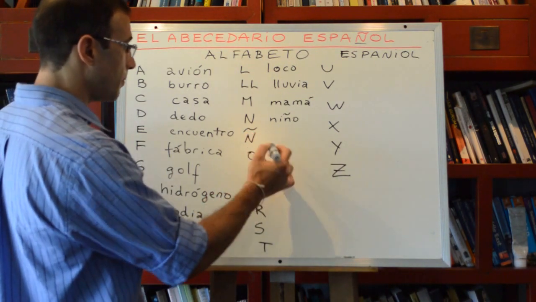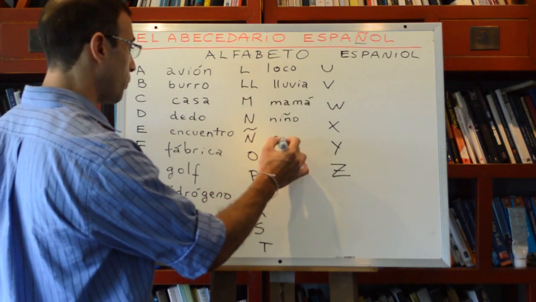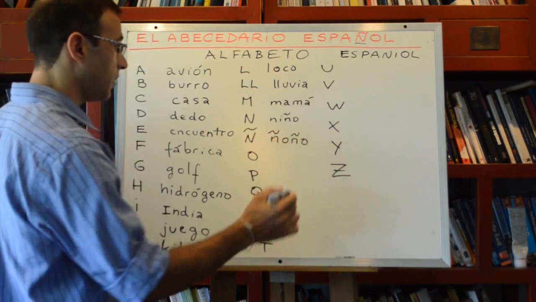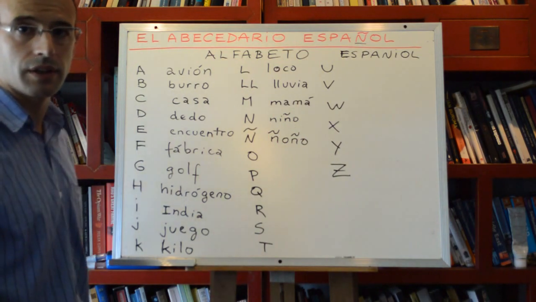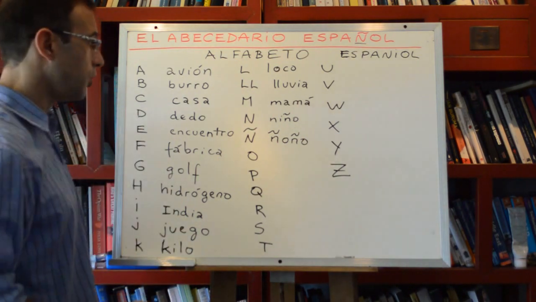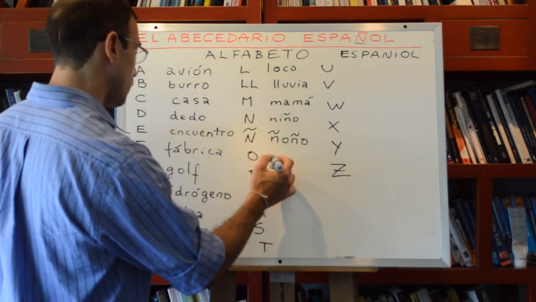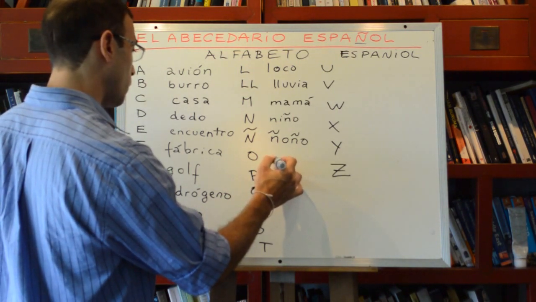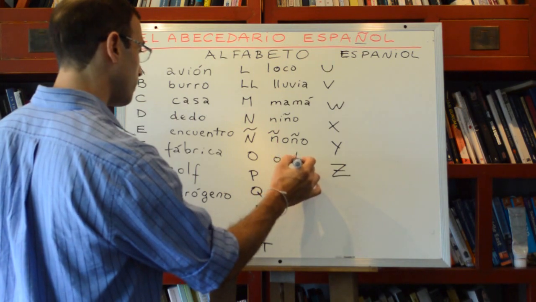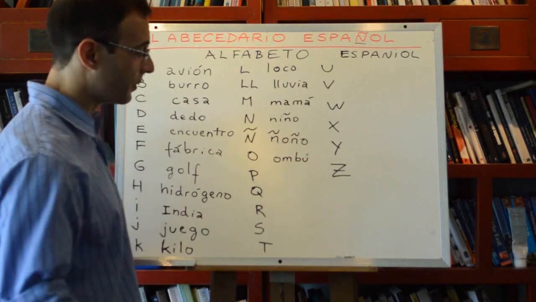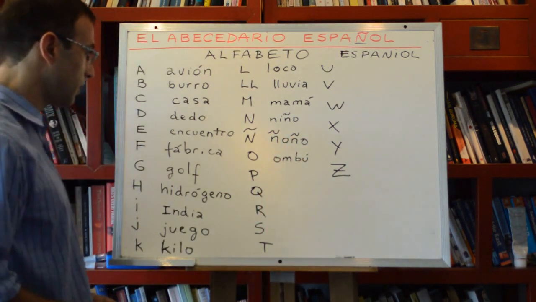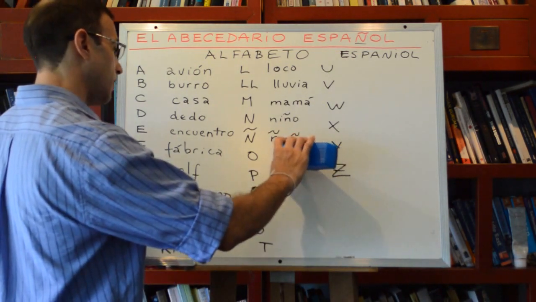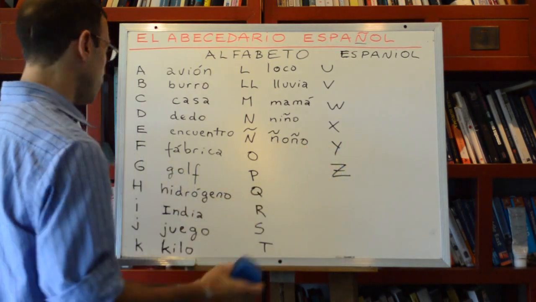With ñ, the only word I come up with now is ñoño. Ñoño means silly, right? Silly or not very smart. Ombu. Ombu is a type of tree. Sorry, this is not the best way to learn. Maybe let's try another word. Oscar is a name.